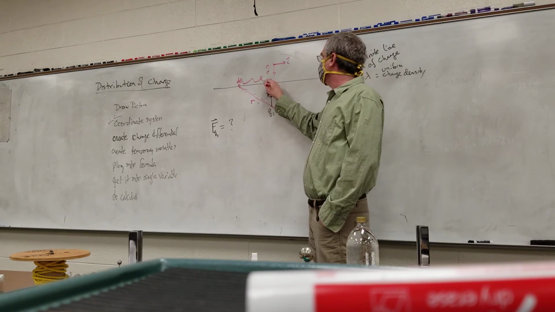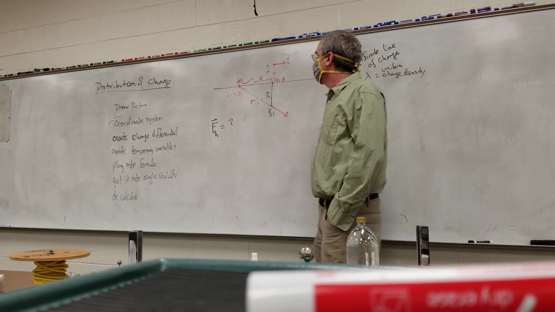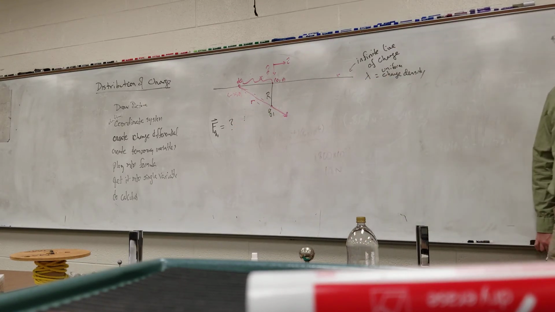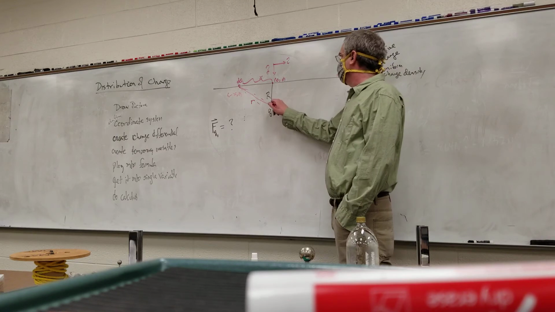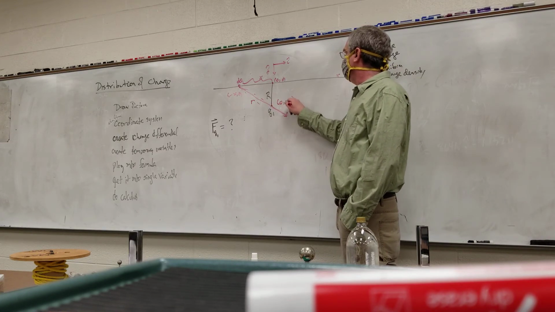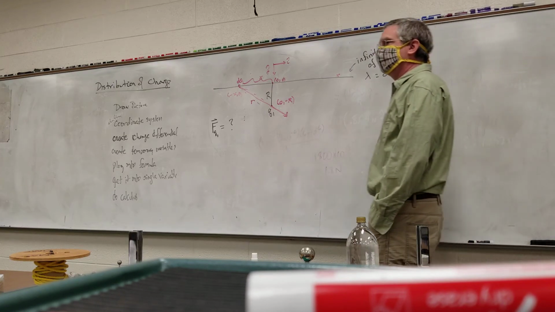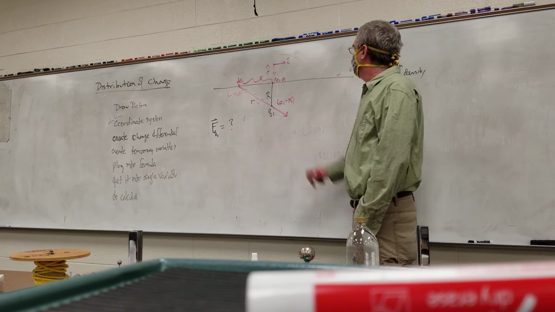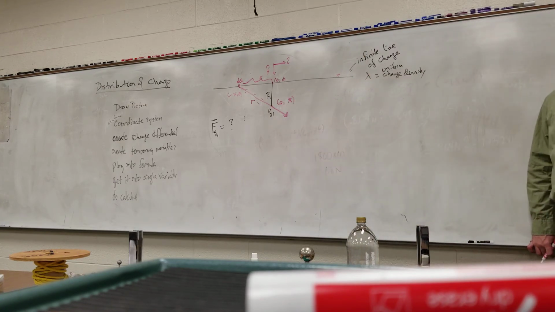If this is my origin, 0, 0, this would be the point negative x, 0. And I guess this therefore would be the point 0, negative r. No, your coordinate system was down as positive, sorry. Thank you very much. That's what happens when I try to do something different.